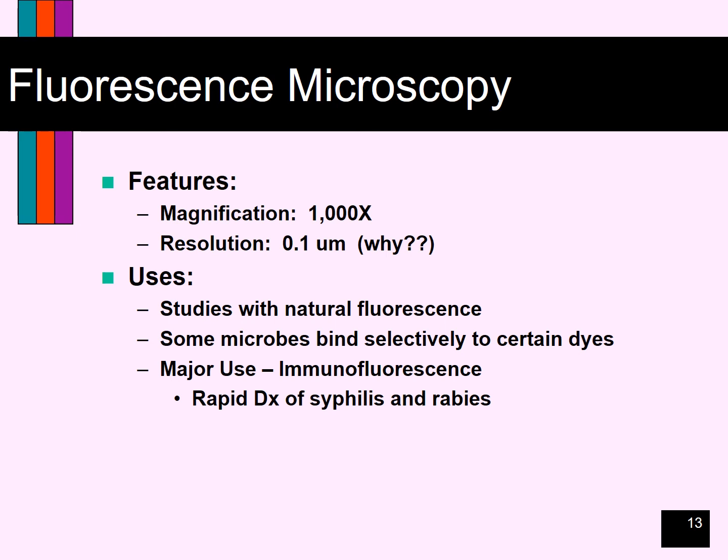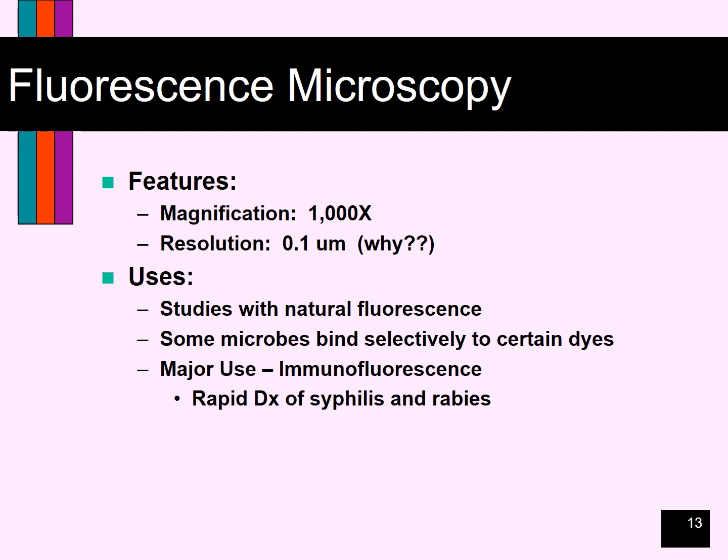And I say there, why? Hopefully you have been following along and you realize that that's because we're using ultraviolet light, which has a shorter wavelength, and that's going to give you a better resolution.